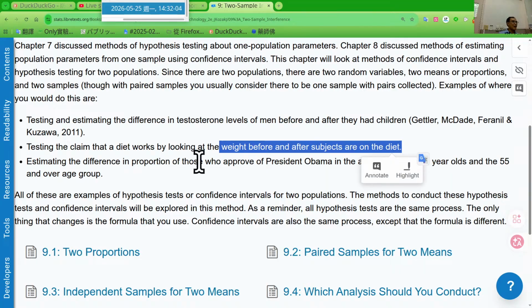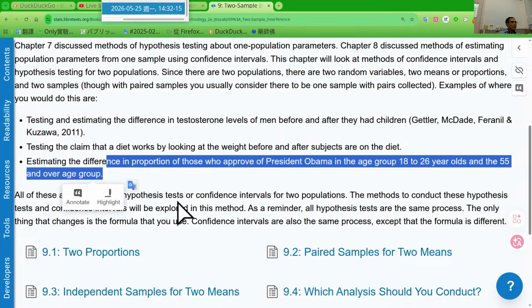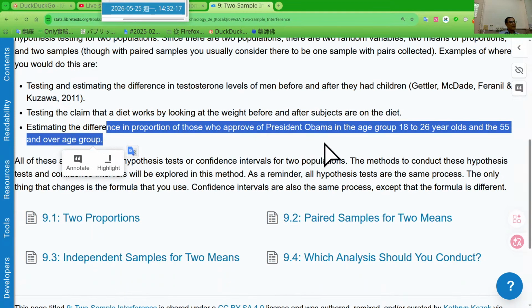I think everyone is interested in this issue, comparing before the treatment and after the treatment. Also estimating the difference in the proportion of those who approve of President Obama in the 18 to 26 age group and the 50 and over age group.